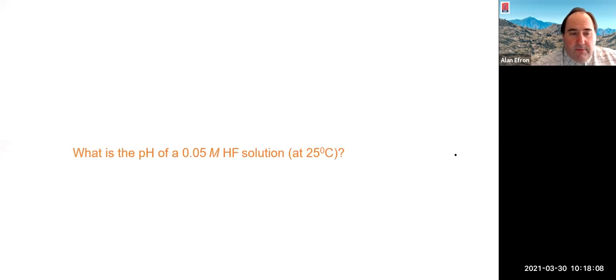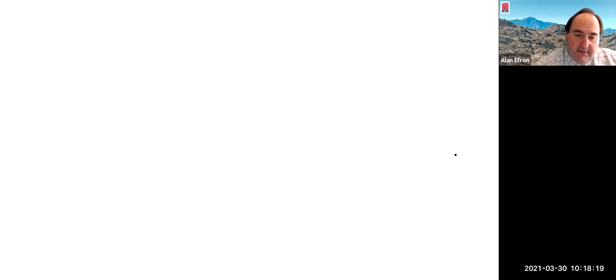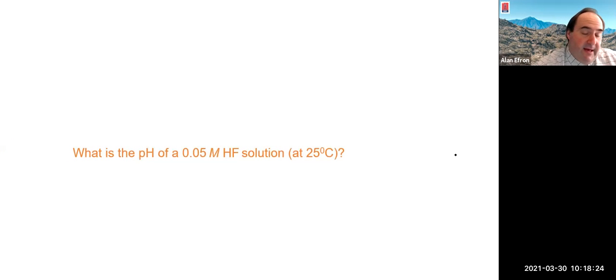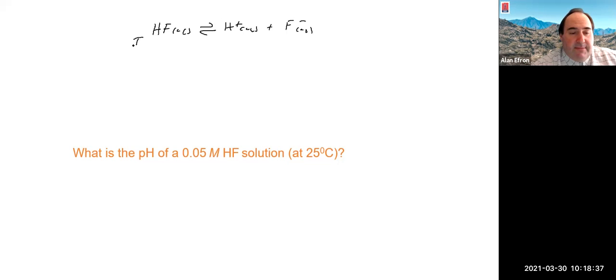So just to touch upon that point again, if we did the exact same problem, except that we lowered the concentration from 0.5 to 0.05, pretty much everything would be the same as what we just did. Except initially here, this would be 0, 0.05, 0, 0, change minus x plus x plus x.